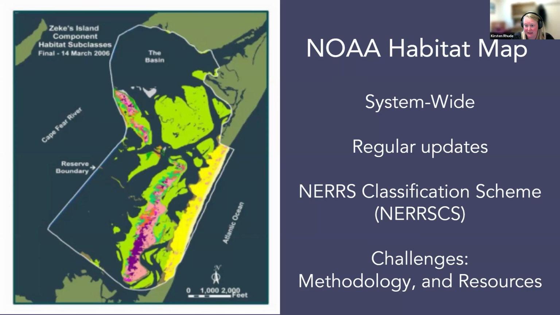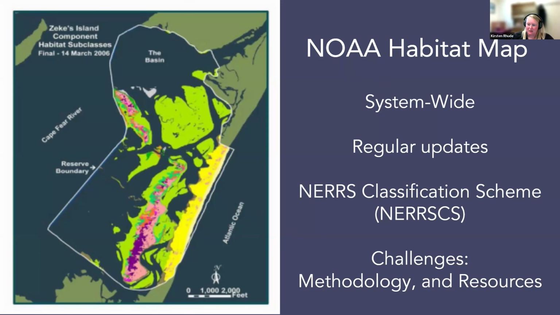The NERRS classification scheme is the scheme that all reserves use. It is based on the National Wetlands Inventory, which I believe is a U.S. Fish and Wildlife Service inventory, but includes a few more habitat types as well. This is a really exciting and important project, but also comes with some challenges, including the methodology isn't set in stone or dictated.